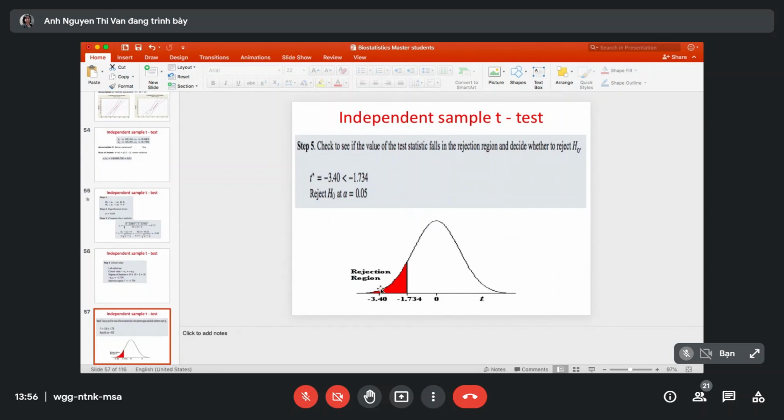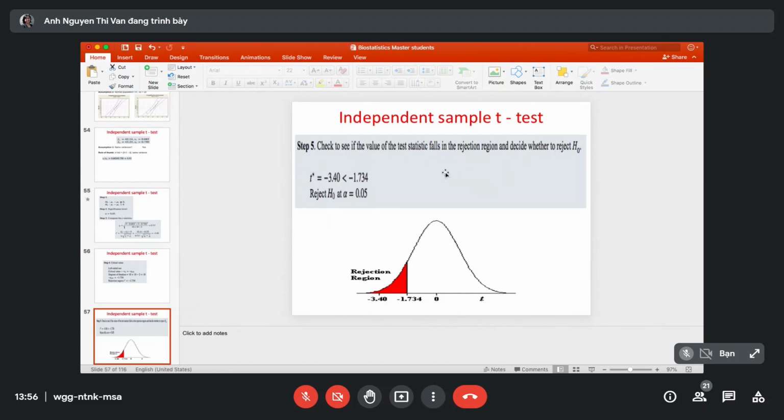You should draw the curve so that you can imagine it better. You can see clearly the rejection region is the region on the curve on the left of the T critical. If it's a left tail, the T critical will be the negative value. If it's the right tail, the critical will be the positive value.